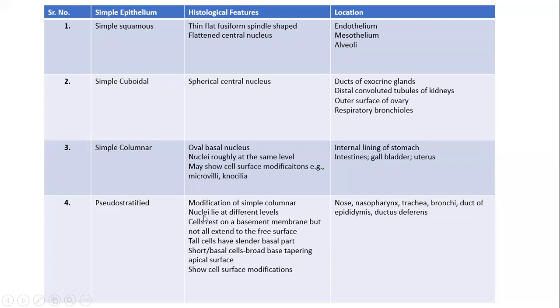Some of the nuclei will be nearer the apical surface of the cells, while some cells will have their nuclei lying more basally. What is the reason for this? Because all the cells in a pseudostratified epithelium rest on the basement membrane. That is, they reach and lie inferiorly on the basement membrane, but not all cells in the single layer extend to the free surface.